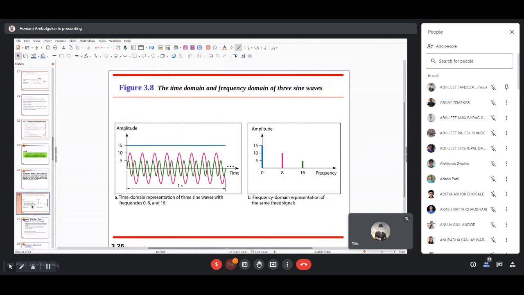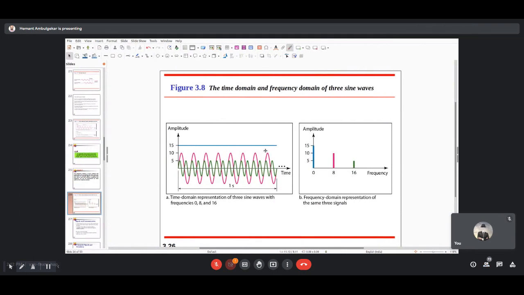Now look here. Now we have 3 sine waves here. One sine wave with the pink color, another with green, and the third one is blue. The sine wave having color blue has frequency 0.